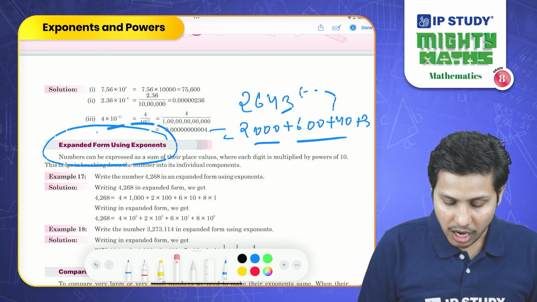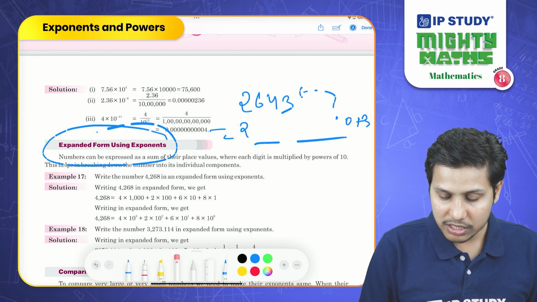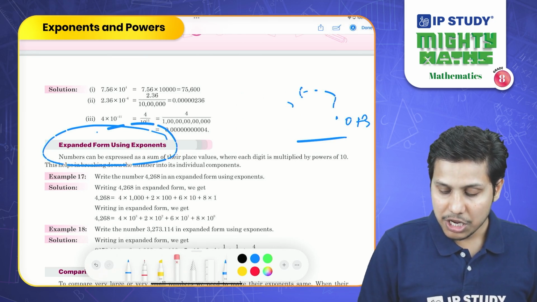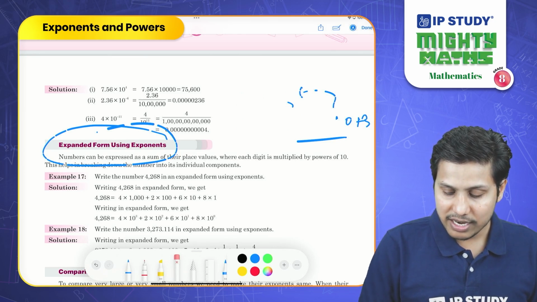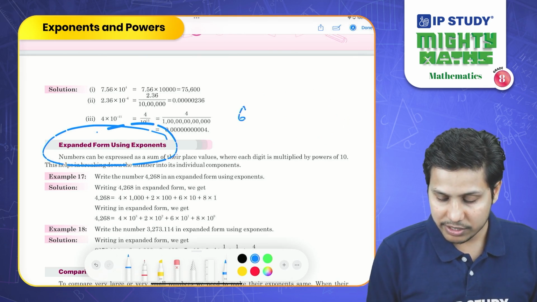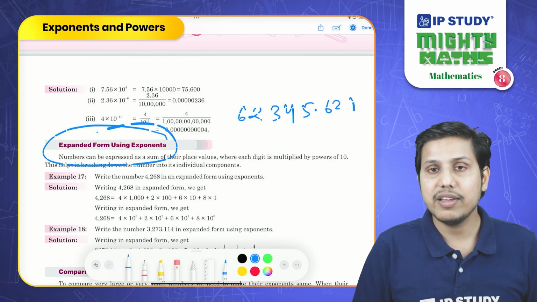Now we'll see how we can represent very large or very big numbers using exponents. Yes, so if we have a very large number, let's suppose a number like 62345.621, this is a very large number.